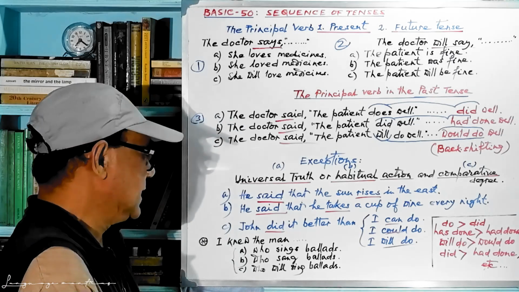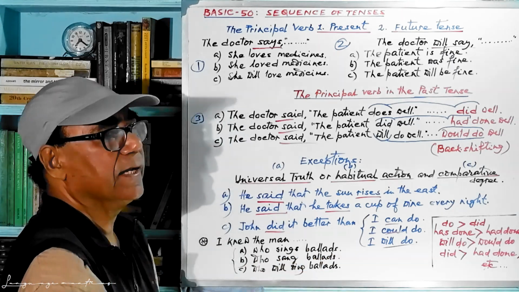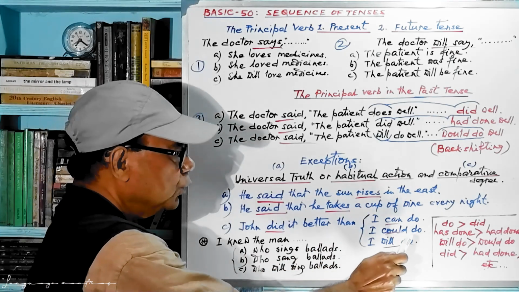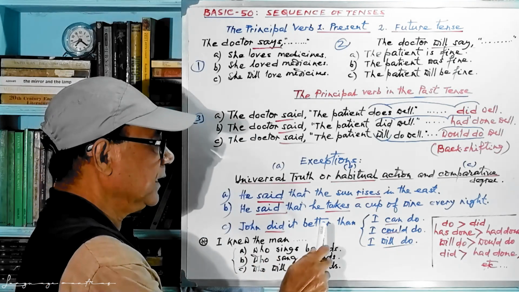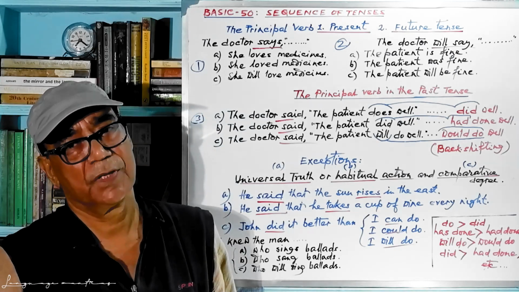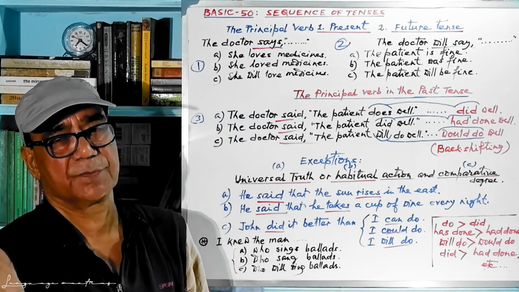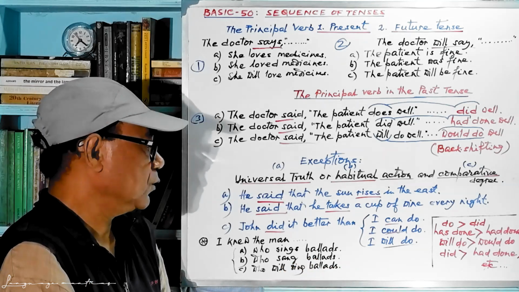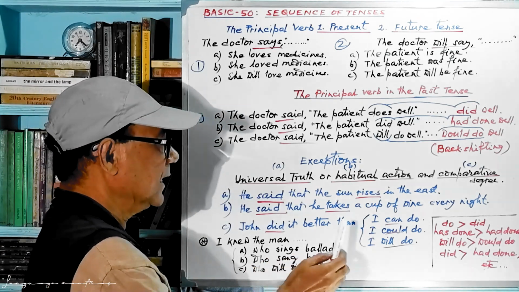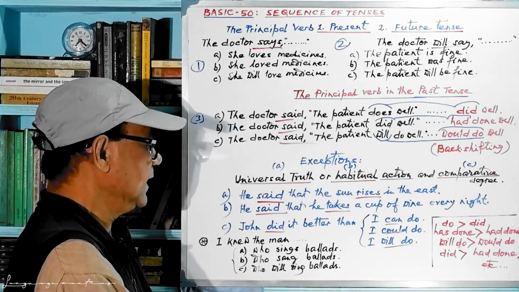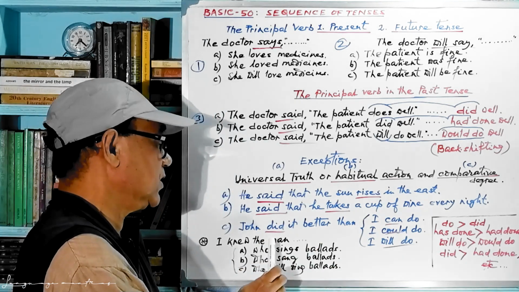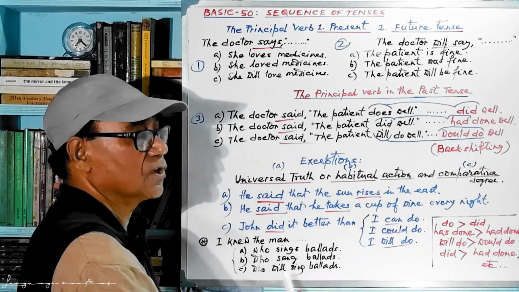Number 3. John did it better than I can do. John did it better than I could do. John did it better than I will do. When we compare things, now, 3 time zones are referred to here. One is past tense, this one is present tense. In the second sentence, past tense, and in the third sentence, it is past tense and future tense.